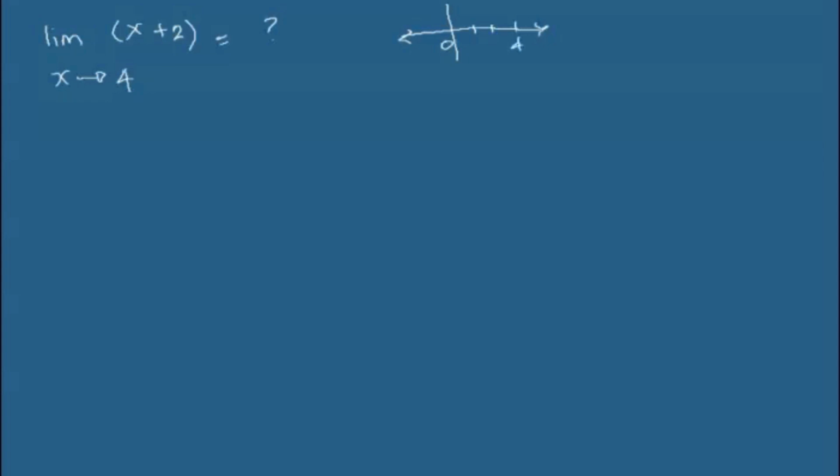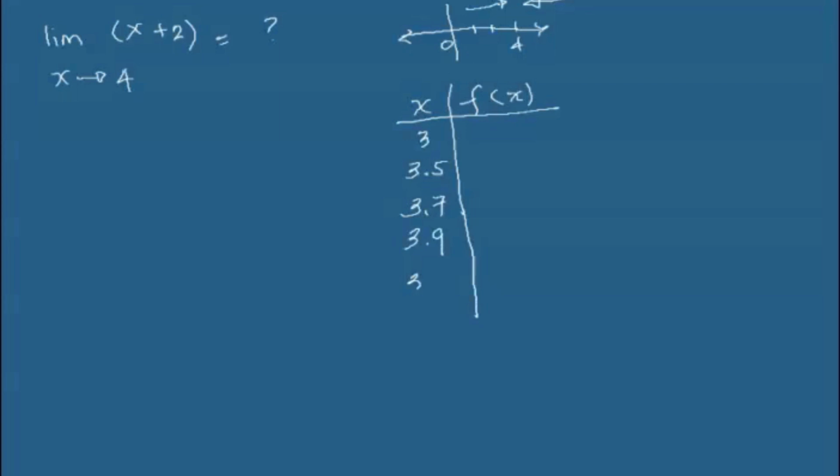So we can approach 4 from the left or from the right. So let's have values of x from the left side. So that would be 3, then we can have 3.5, 3.7, 3.9, 3.99.